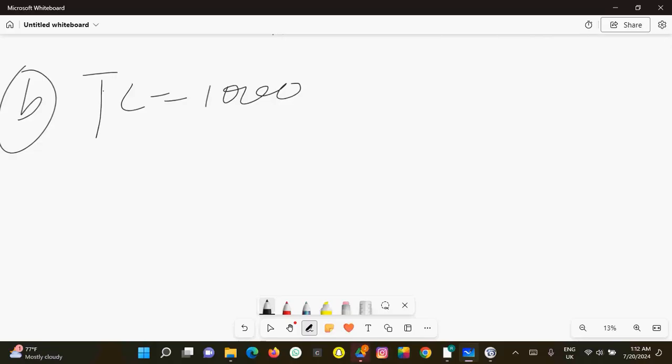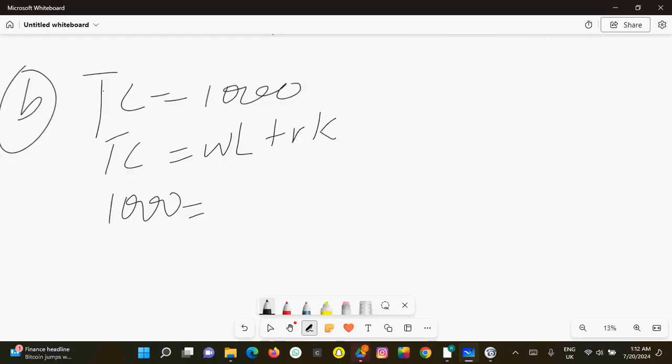We know total cost is equal to the wage times L plus R times K. So 1,000 is equal to the wage, which is 5, and the rate, which is 15.